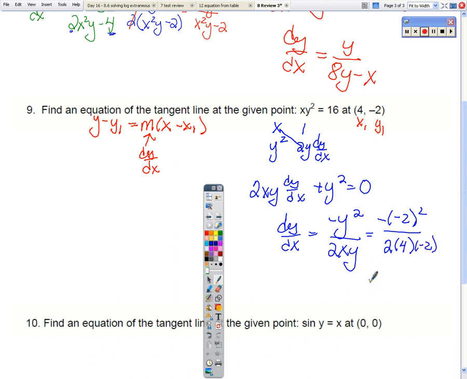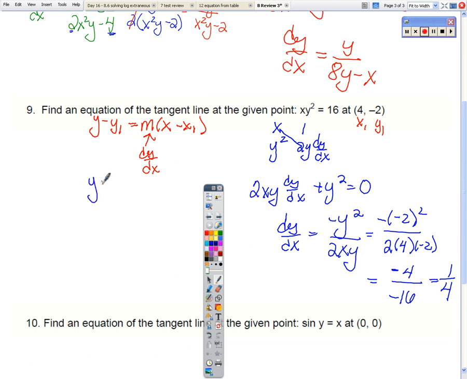And here's why that makes a difference. Negative 2 squared is positive 4, but you have to bring down this negative. And then 2 times negative 2 times 4 is negative 16. So I get a slope of positive 1/4.